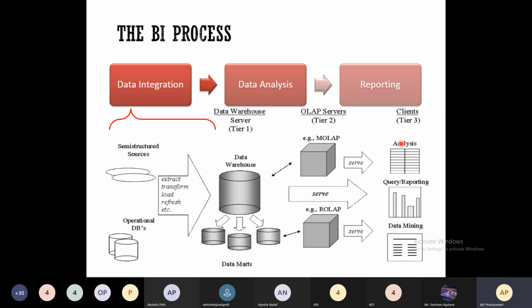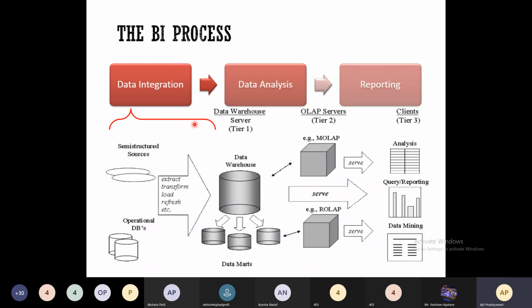So the client will do the analysis of the data, the client will query the reporting, and the client will do the data mining on the OLAP servers. So this is how the business intelligence process works. You are now a bit familiar with this process, and a very important thing is you need to have a large amount of data.